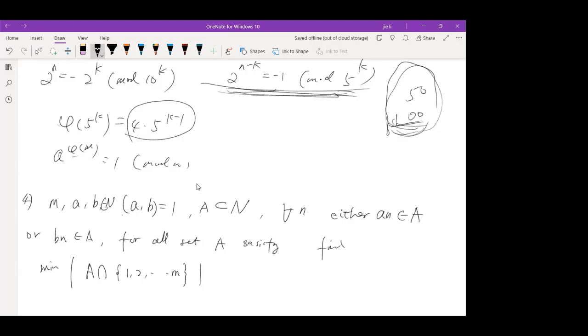I don't know if you understand this problem, right? That's m, and a and b are given. They are positive integers, a and b relatively prime. And then you have a subset A of the positive integer set n. So that for any n, you have an or bn belonging to A. And then it asks you to find the minimum of this down here. A is not empty set.